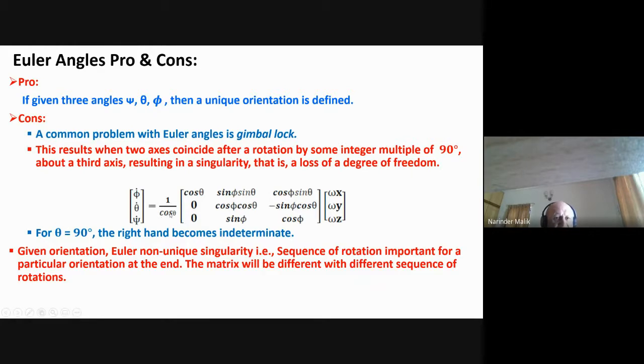Earlier I mentioned, because theta becoming 90 degrees, you get into gimbal lock. So this is a singularity which comes into use when we use Euler angles. So this is a negative point. And the sequence of rotation has to be defined in a particular manner to get the uniqueness of the result.